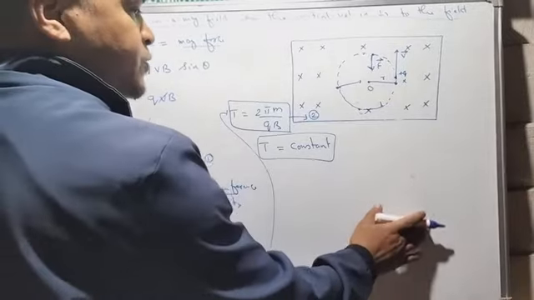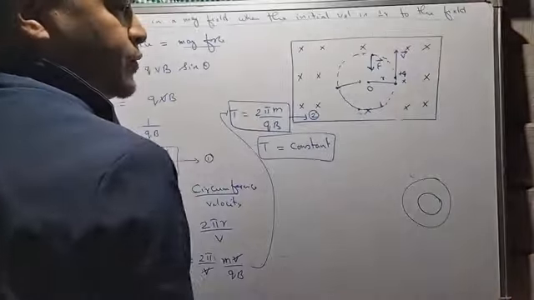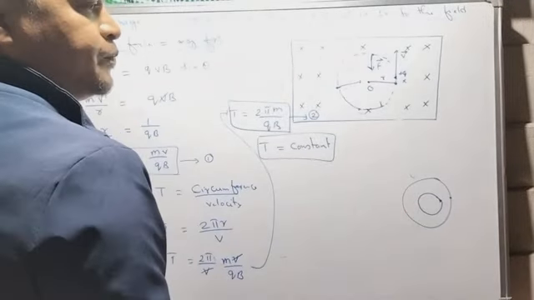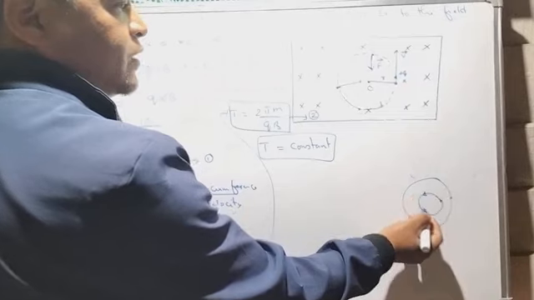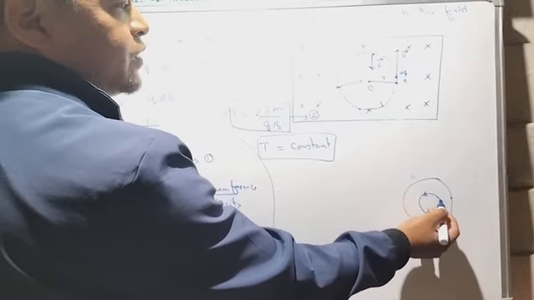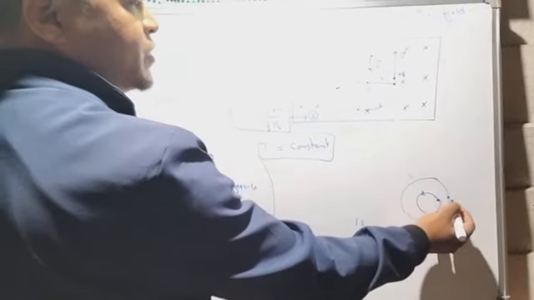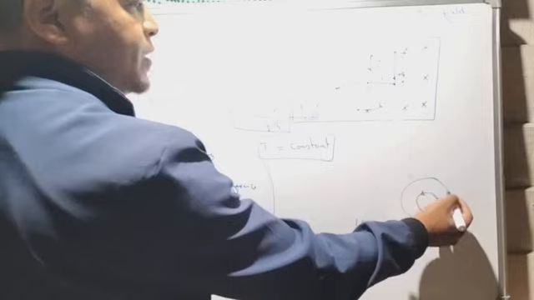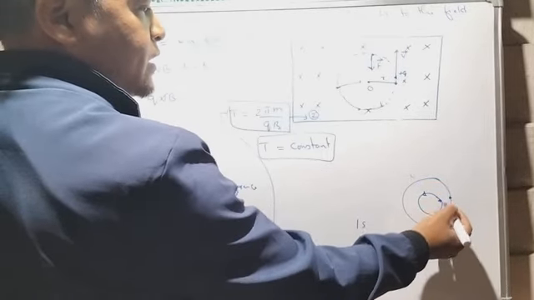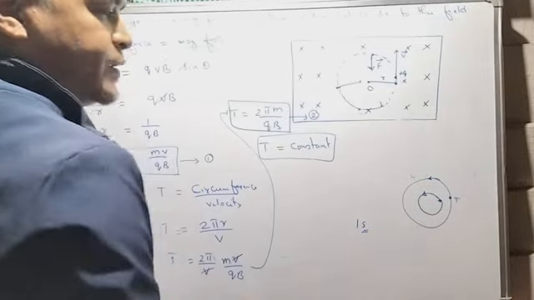Which means if I have two circles here, a small circle and a big circle. For the small circle, let's say the time taken to complete one revolution is 1 second. Similarly, if a charge is performing this circular path in a larger circle, then again the time taken to complete one revolution will be 1 second.